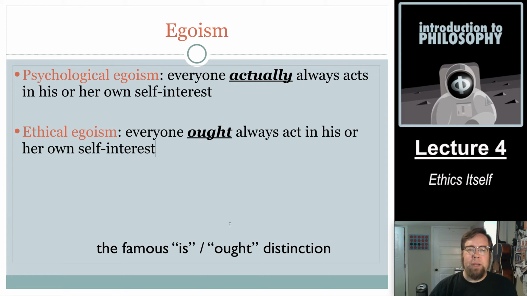We might appreciate also that psychological egoism is making an a posteriori claim, whereas ethical egoism is making a claim that perhaps you can't settle by a purely a posteriori methodology.